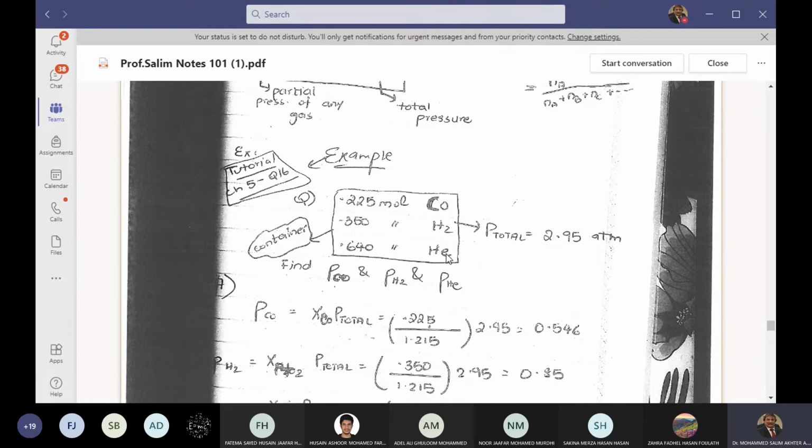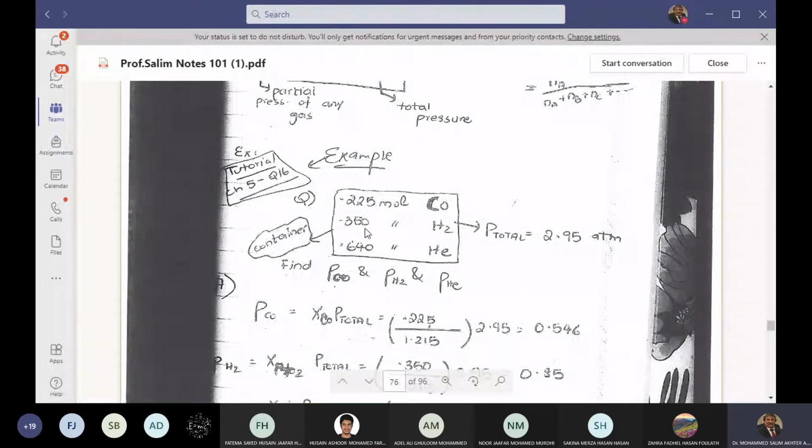I have 3 gases. The total pressure of my cylinder is 2.95 atm. I am interested to know the partial pressure of CO, partial pressure of H2, and partial pressure of He separately.